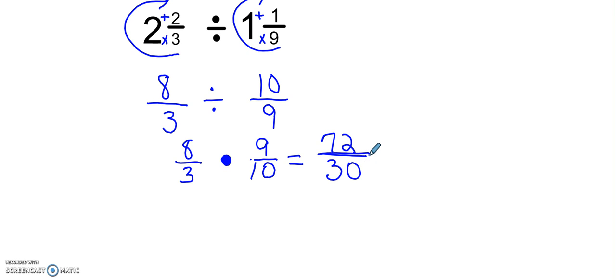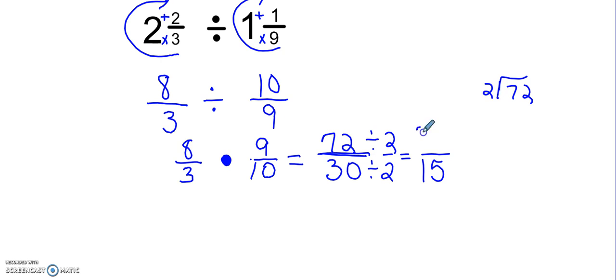Well, I know that they both have a common factor of 2, so I'm going to divide both of them by 2. I do know that 30 divided by 2 is 15, but I don't know what 72 divided by 2 is, so that's why it gets a little tricky. And that's where you'd actually have to do 72 over on the side divided by 2. And that takes longer. The answer is 36 if you did it that way.